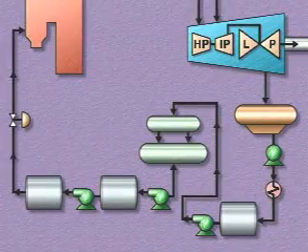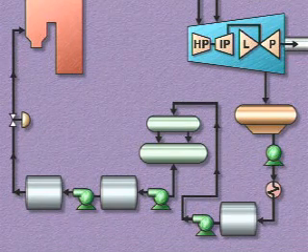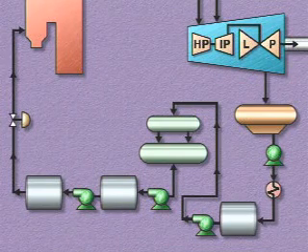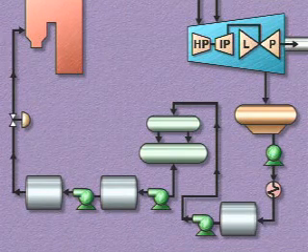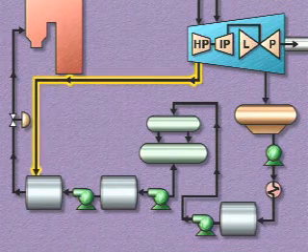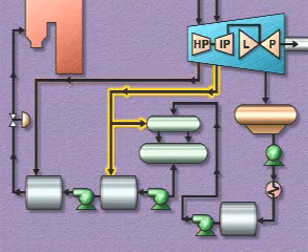One more system that we need to look at is the extraction steam system, which serves both sides of the condensate and feedwater system. Steam is extracted from the turbine and used as the heating fluid in heaters throughout the condensate and feedwater system. Steam from the high-pressure section of the turbine is generally used in the high-pressure feedwater heaters.